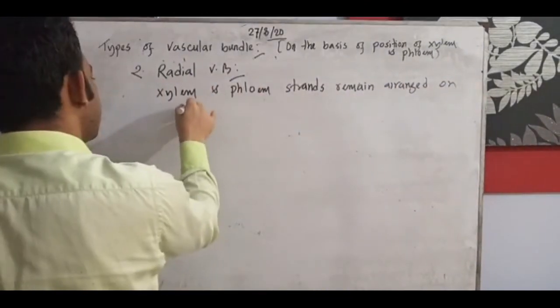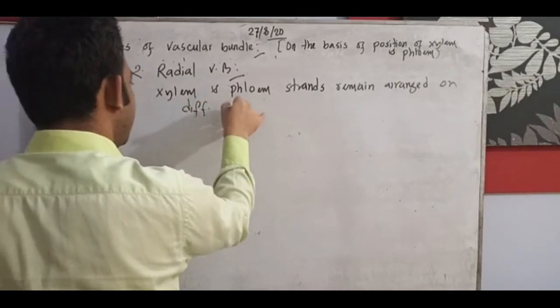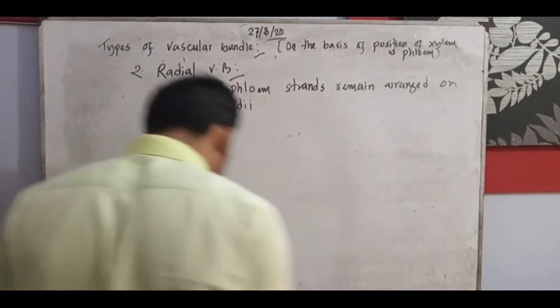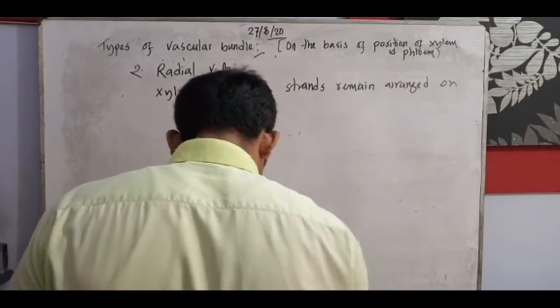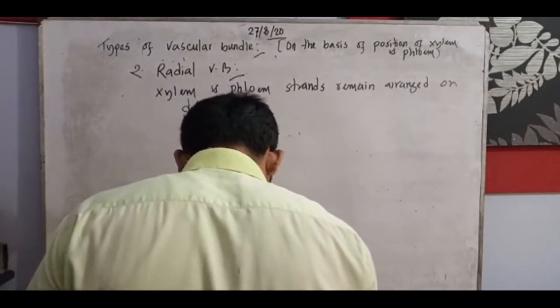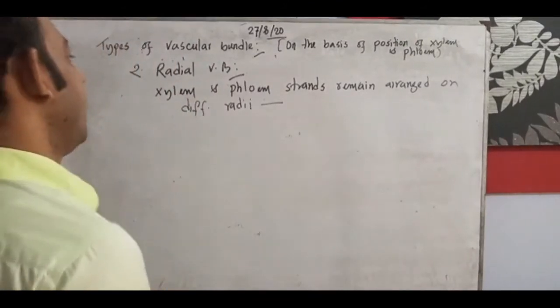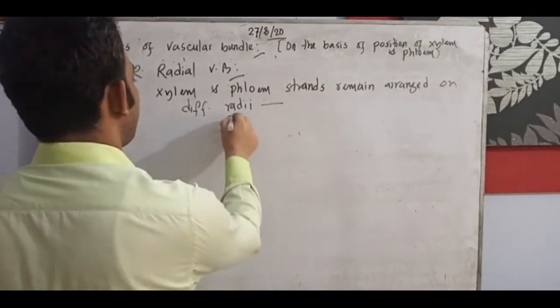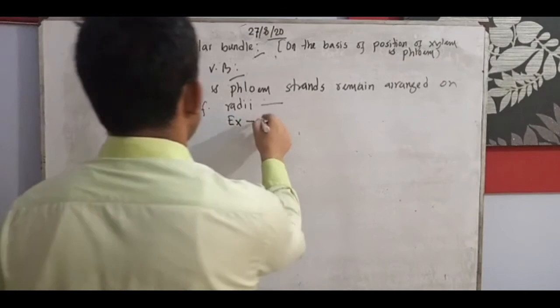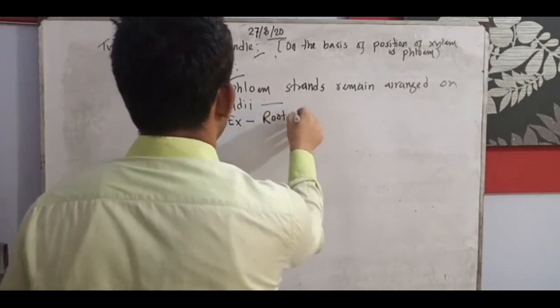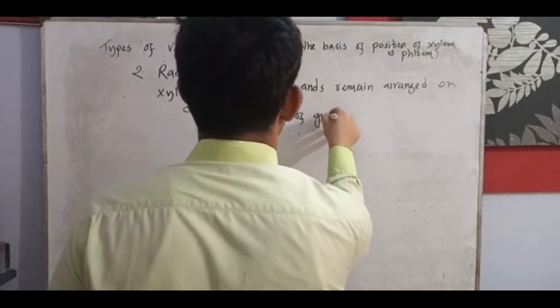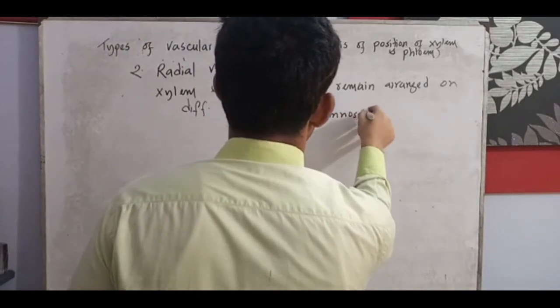Radii means radius. This vascular bundle is called radial vascular bundle, and the best example is the root of gymnosperm and angiosperm.